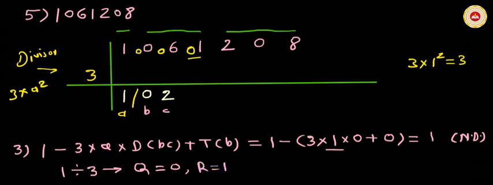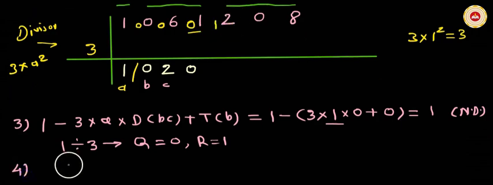So write quotient 0 below gross dividend 0 1 and remainder 1 as a prefix to the next digit, which is 2 here. Now this 12, read this as 12, not as 1 and 2. Read this as 12. This 12 is the next gross dividend.